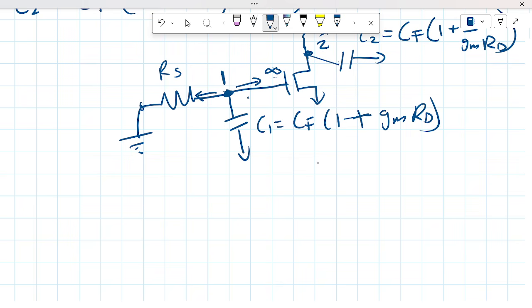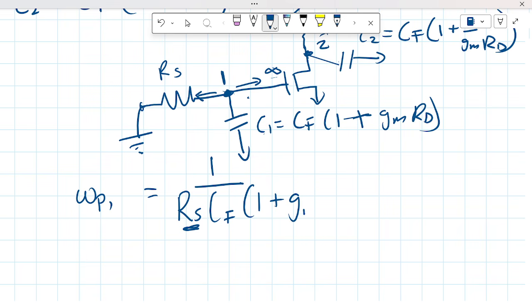Then the resistance seen from ground will be Rs. So this is pole 1, which will be determined by the resistance seen from ground, which is Rs, and the capacitance is Cf times 1 plus GMRD.